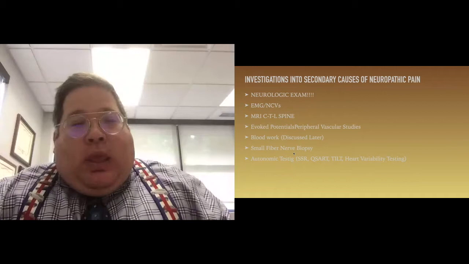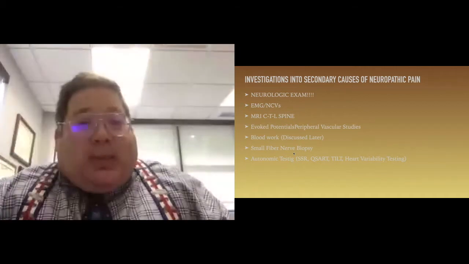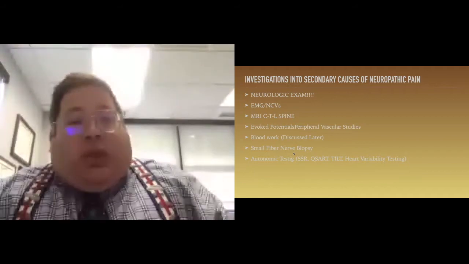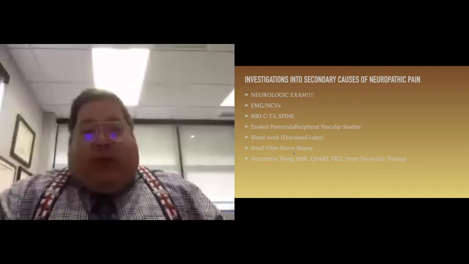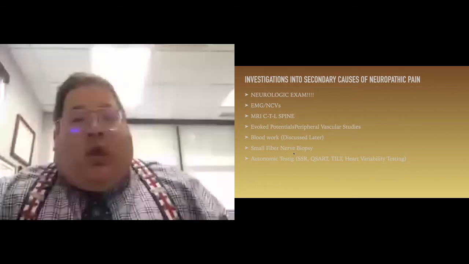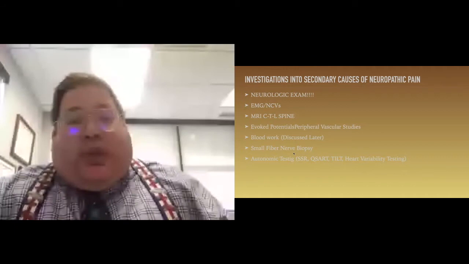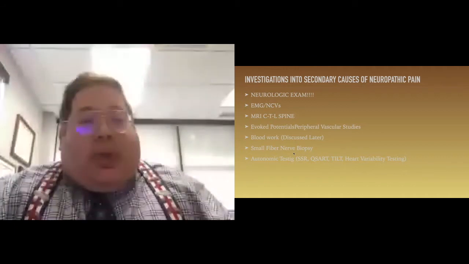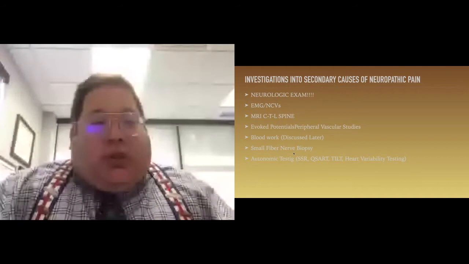So these are most of the general type of tests to investigate secondary causes. We'll talk a little bit more detail about nerve conductions and what exactly we measure when we do nerve conduction. So basically, very simply, we stimulate the nerve peripherally and we look at the muscle response. Usually we do it at 2 points, and therefore we measure a velocity across this area.